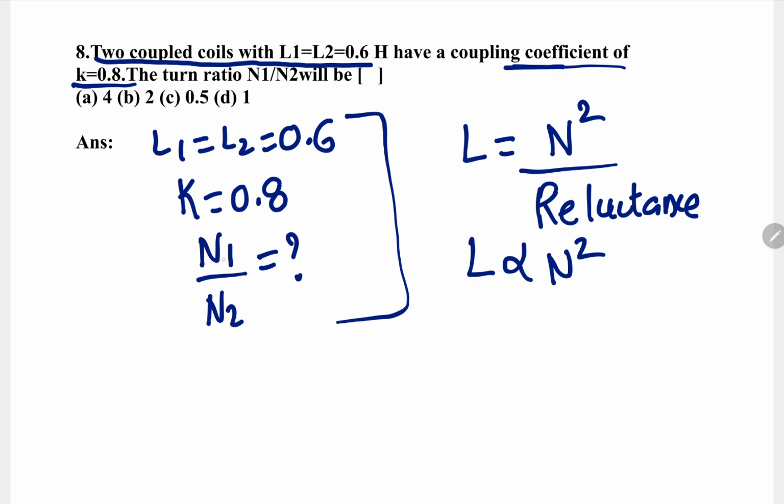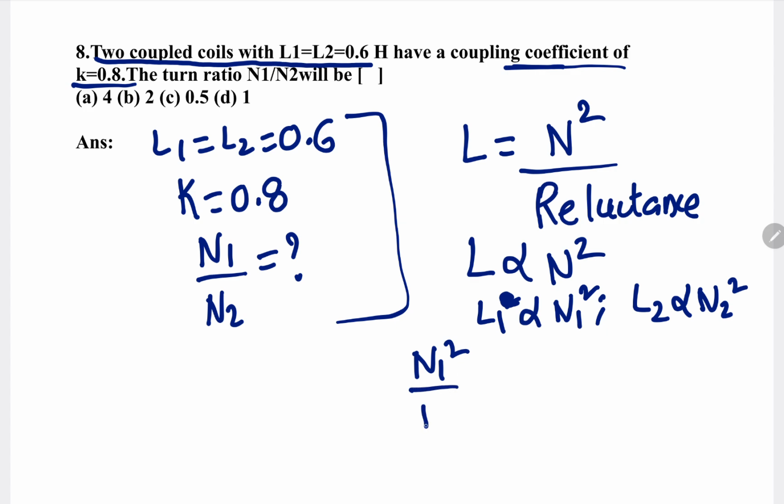So here what is asked? N1 by N2 value is asked. So L1 proportional to N1 square, similarly L2 proportional to N2 square. Then I want N1 by N2 value. Then I'll write like this: N1 square by N2 square is equal to L1 divided by L2.